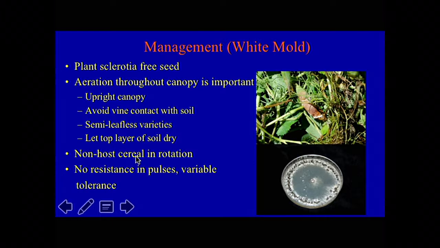And if you can grow corn on dry land, which may be in North Dakota or elsewhere, corn is also not a host of the white mold pathogen. And there's no real resistance in the pulses, but they do vary in their tolerance to the pathogen.